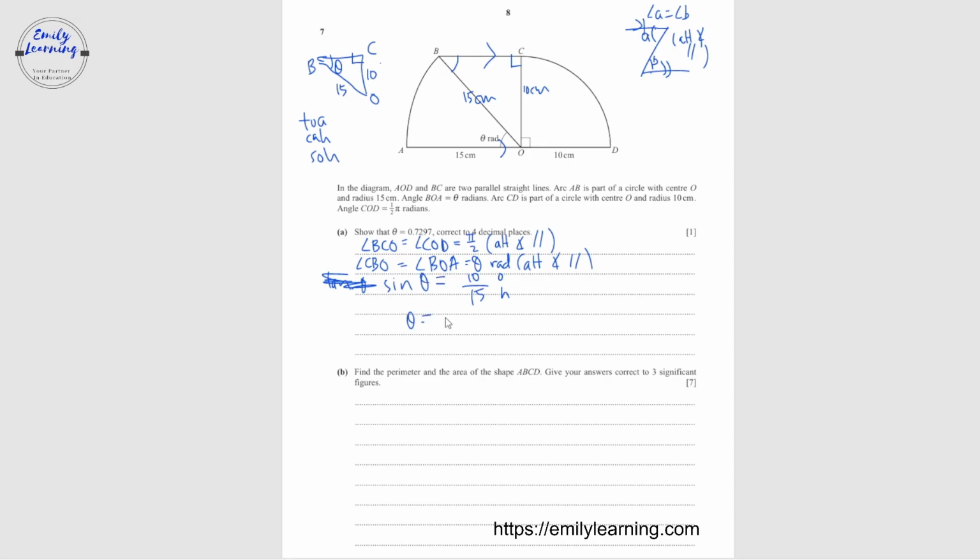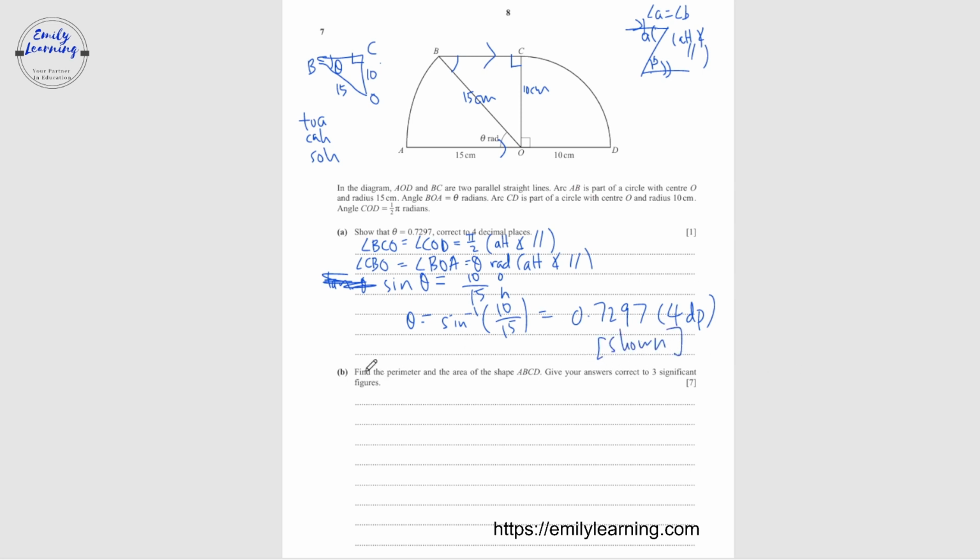So theta is equal to sine inverse of 10 over 15. Make sure your calculator is in radian mode. Then let's type it into the calculator, and you should get 0.7297 when corrected to 4 decimal places. So we have shown what we are asked to show.